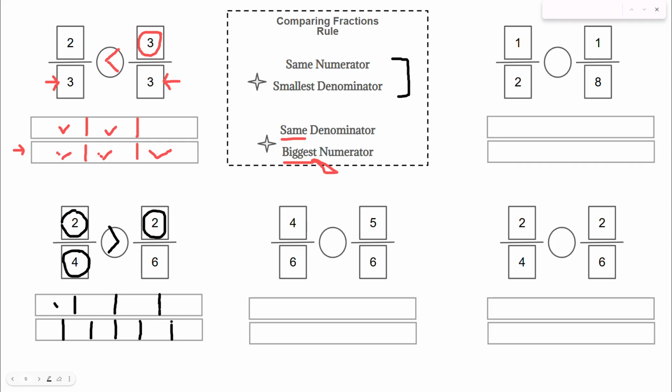So we have 2/4 and 2/6. You notice that 2/4 ends right here. And 2/6 ends right here, making 2/4 the bigger fraction. Therefore, the way we read this fraction is 2/4 is greater than 2/6.